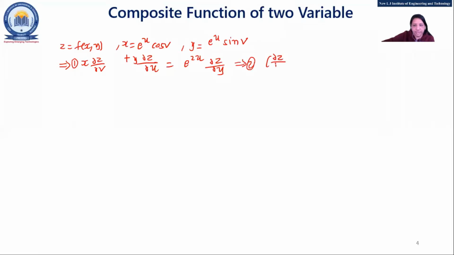That is del z by del x square plus, just note down this example with me, right?